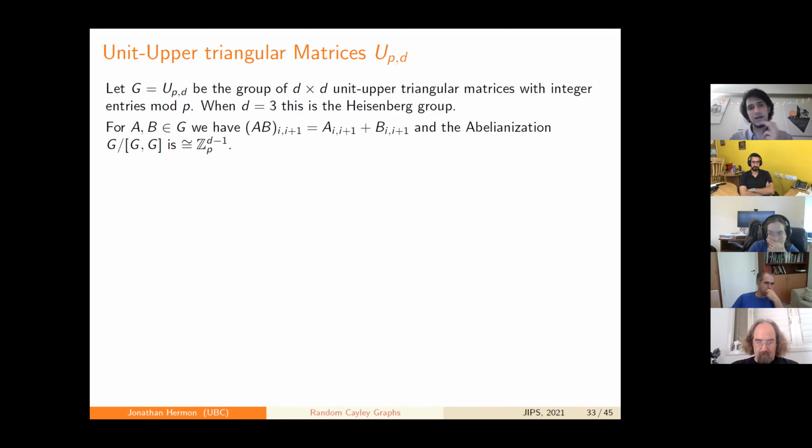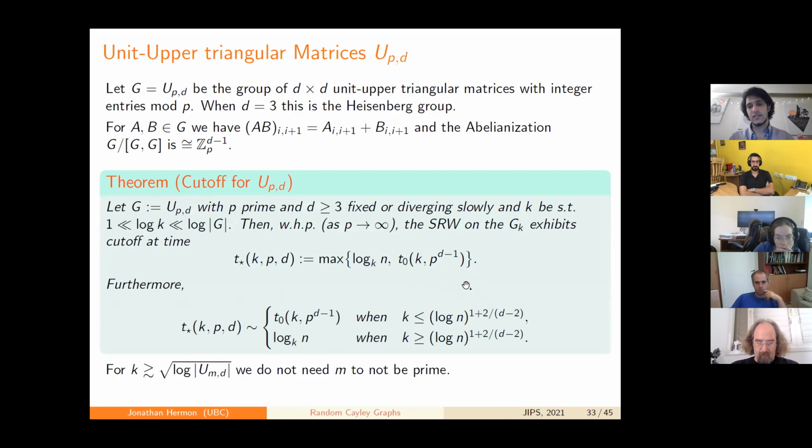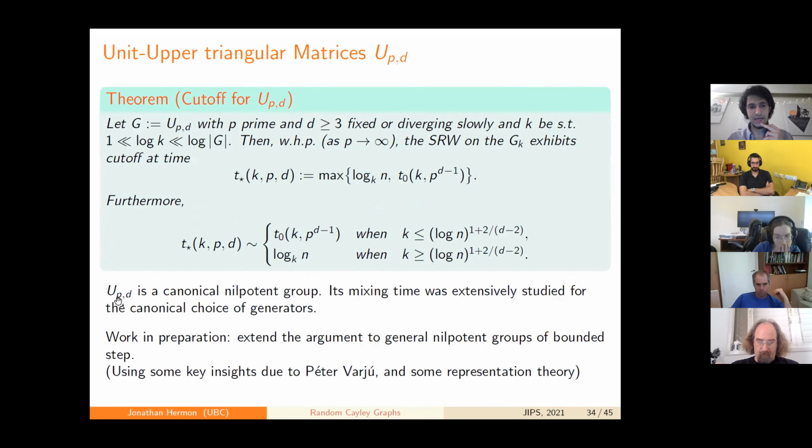Okay, so I already told you what the result is for the group of unit upper triangular matrices, and it's sort of the same thing, but here the entropic time is defined with respect to the abelianization. I don't really have time to discuss this, but I do want to say a few things. The reason it's interesting to look at this group is that it's a canonical example of a nilpotent group.